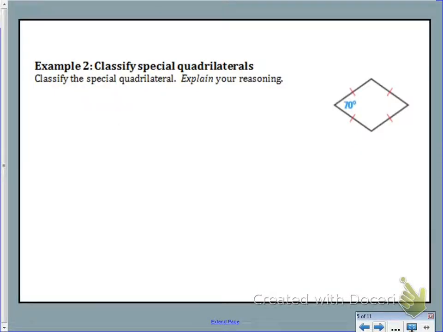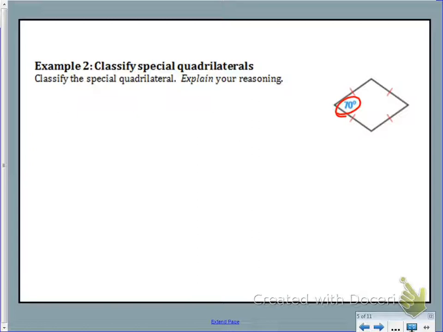Example 2 says to classify the quadrilateral, and we're going to explain the reasoning. Well, we know it has 4 equal sides. So a 4 equal-sided quadrilateral could be a square or it could be a rhombus. The reason why this particular figure can't be a square is we don't have right angles.